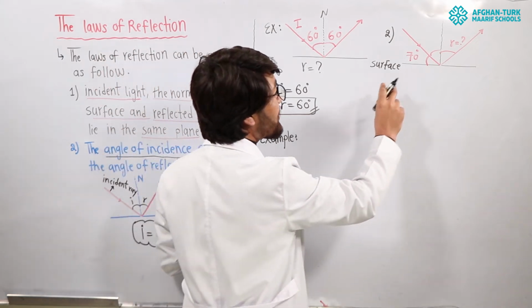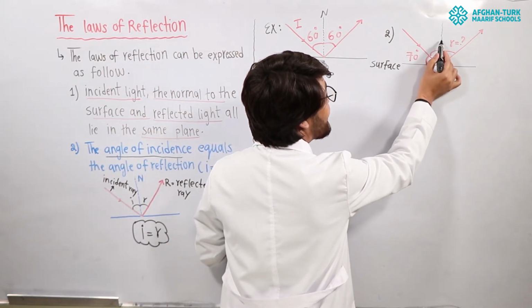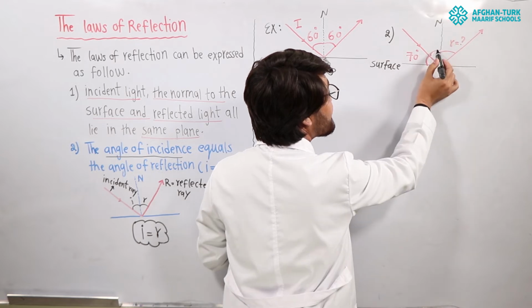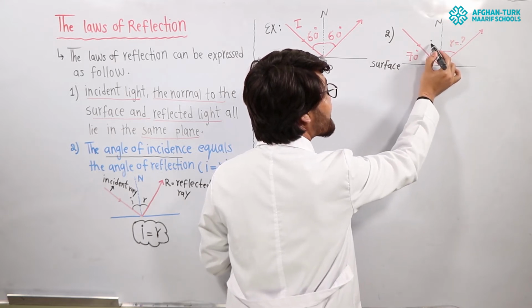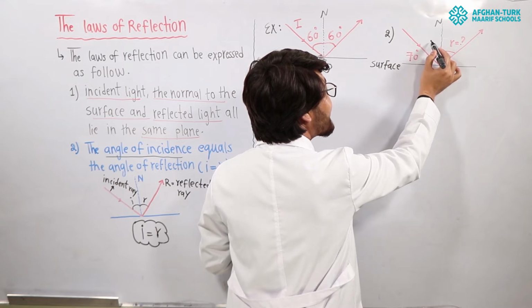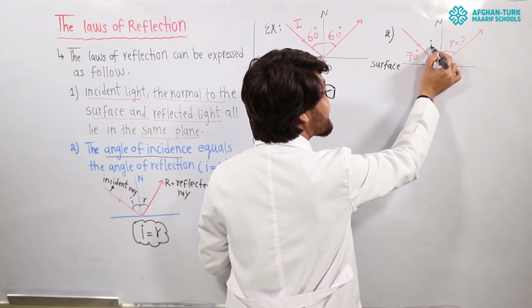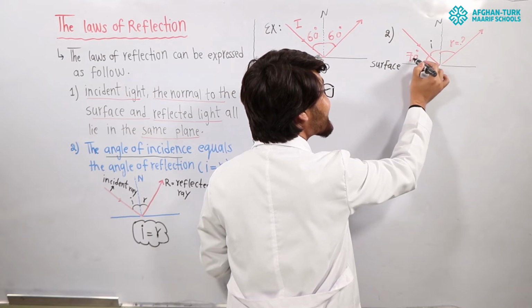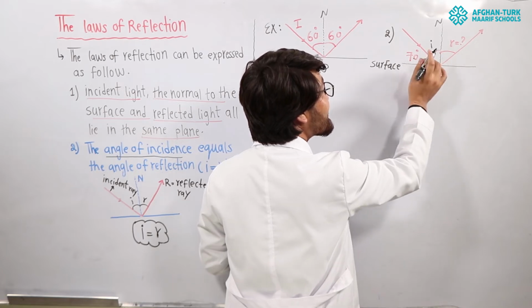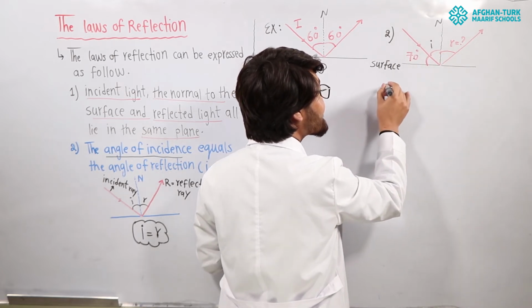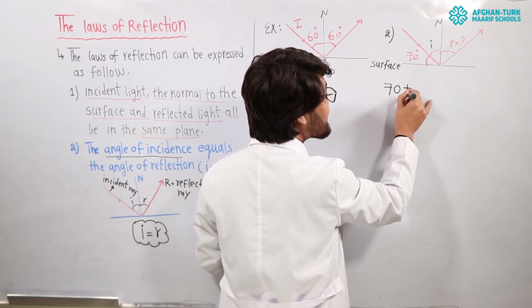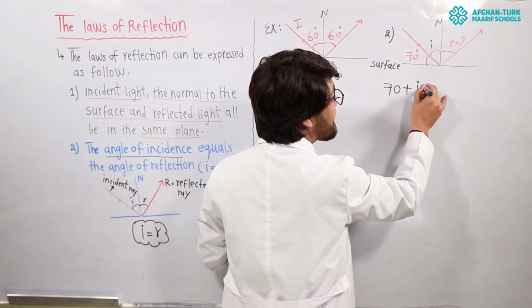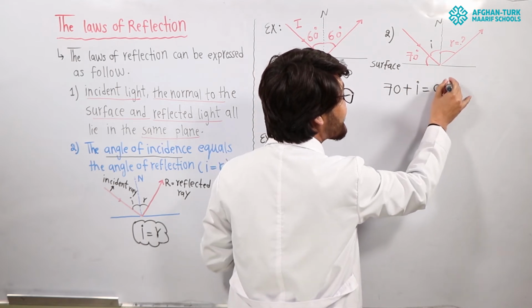First, this is the normal line, and this angle is I, the angle of incidence. The angle of incidence and 70 degrees make 90 degrees. Here we know that 70 plus I is equal to 90 degrees.